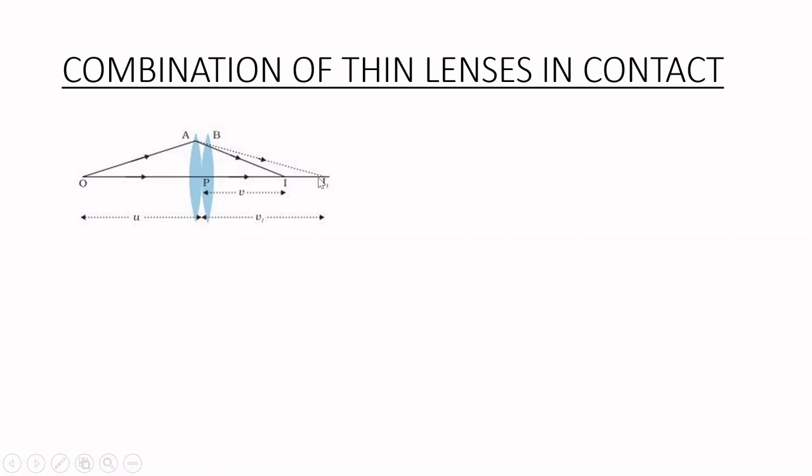Now you can see there are two images. One is called I1 and the other is known as I. I1 is the image formed by the first lens A, which had a real object in front of it. Now the lens B doesn't have any object of its own.